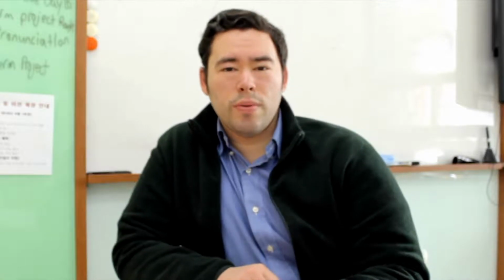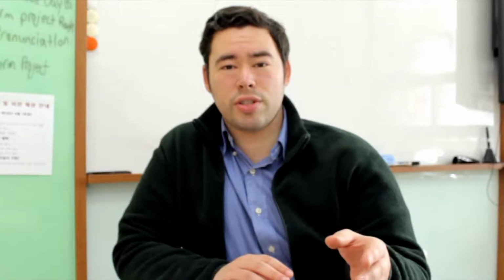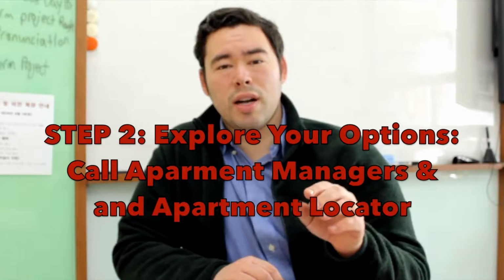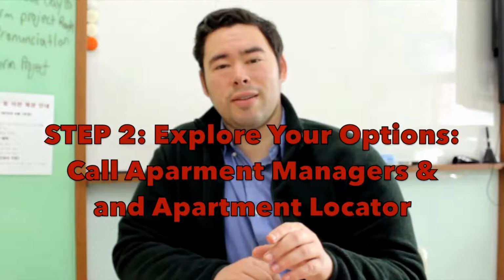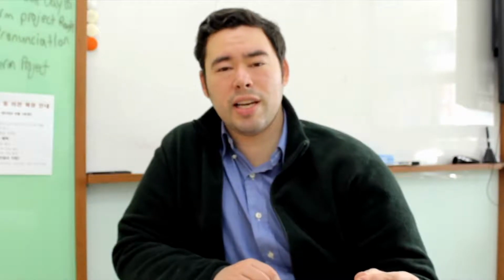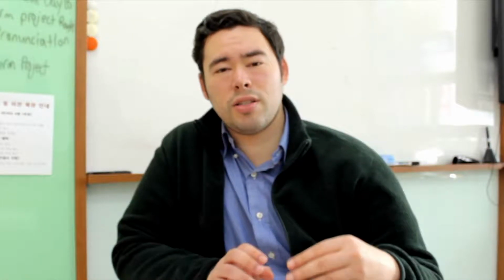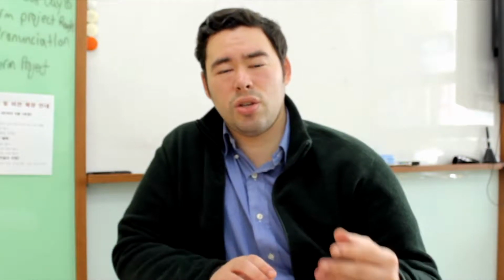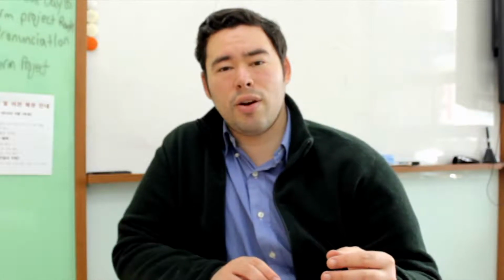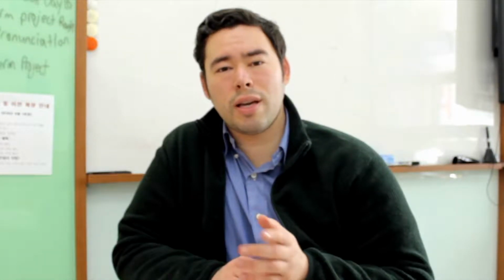So step two is contact the apartments that you are interested in and also contact an apartment locator. Now, an apartment locator is good because when you go to that city, an apartment locator can drive you around the city, talk to you about the neighborhood so you can get used to the city, and also show you the inside of many different apartments that you're looking for.